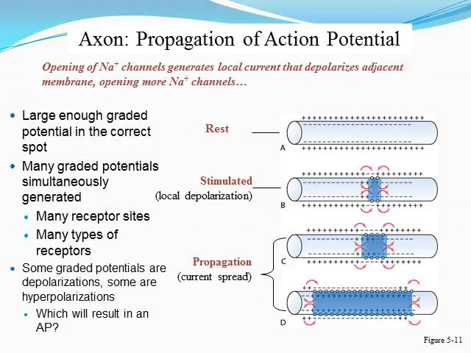Something else to remember is that these potentials don't necessarily have to depolarize the cell. Some of them do hyperpolarize, so some of them do open the potassium channels, cause potassium to leave. And so that hyperpolarization versus depolarization, hopefully it's pretty obvious which one will cause an action potential and which one will make an action potential harder to occur.